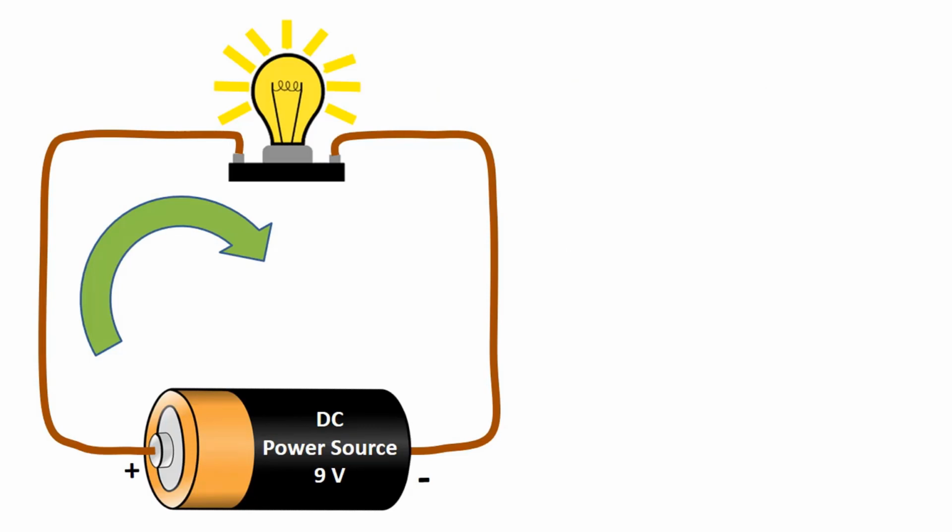In DC sources, the positive and negative pins of the source are always constant. In other words, its direction does not change in time. For example, let's connect a 9 volts DC source to the lamp as in here. The current will flow from the positive pin of the DC source to the negative pin. Our lamp will light up with this current.